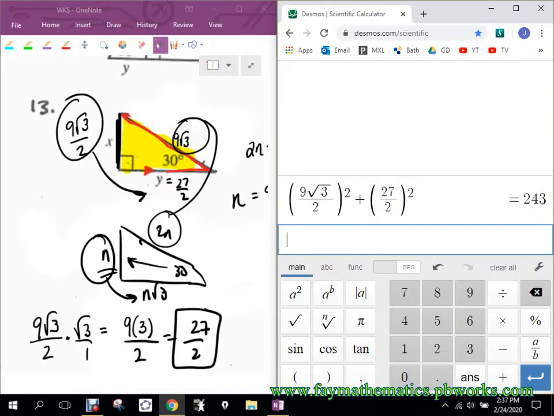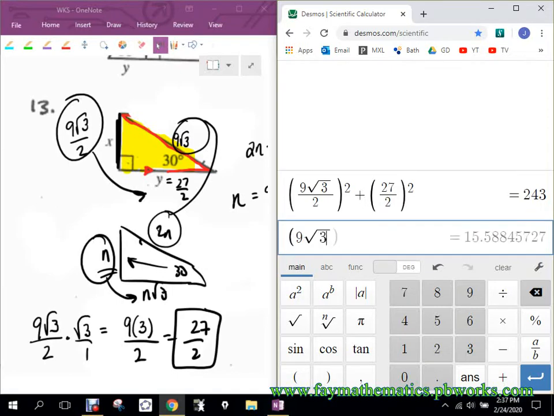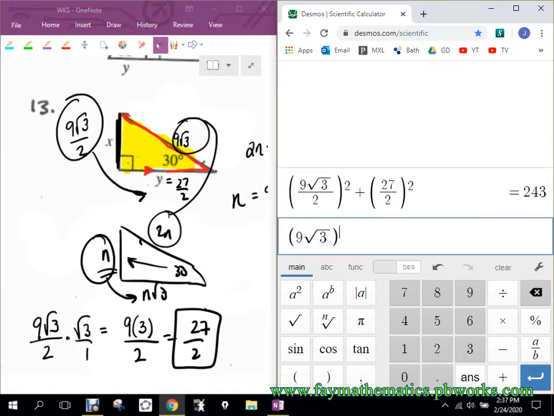If I take the hypotenuse 9 radical 3 and square that, does that prove to me that I have, for that yellow triangle, the correct legs and the correct hypotenuse? Make sense? The idea is that if any of those are not correct, those 243s would not match up. Okay.